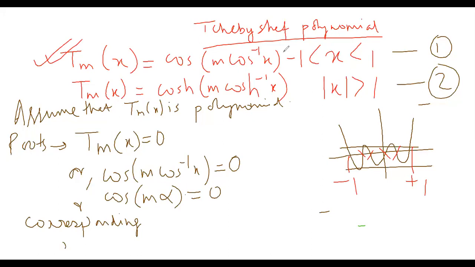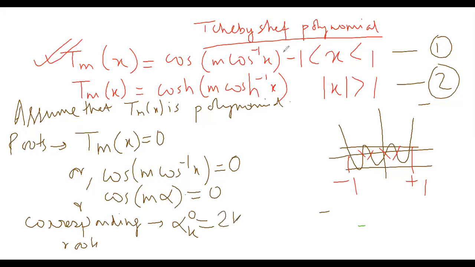So corresponding roots are, I am writing alpha k naught. Here k is the integer and naught in the prefix indicates roots. That means these are the values of alpha that will correspond to the roots.